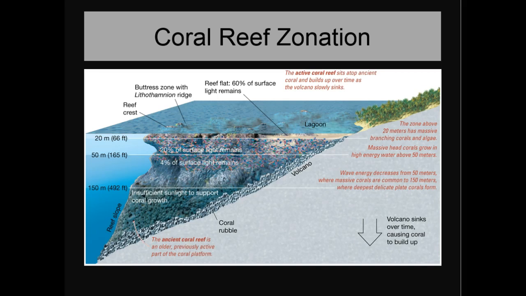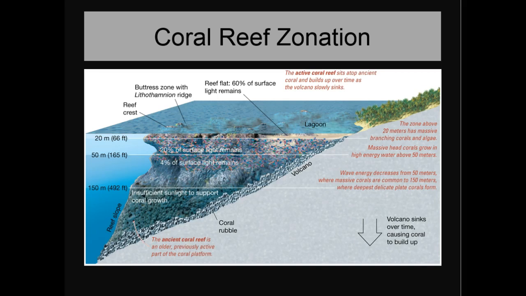Within a coral reef, we see different types of coral, different organisms at different levels. In the top zone here, we have the most photosynthesis, but we also have the most potential for rough waves, for storms. So we end up with more robust corals up in the top zone, maybe in the lagoon, maybe over on the reef crest.